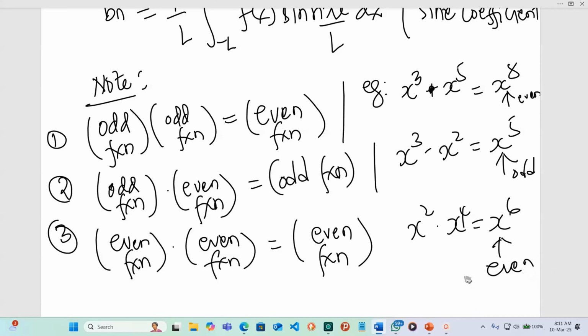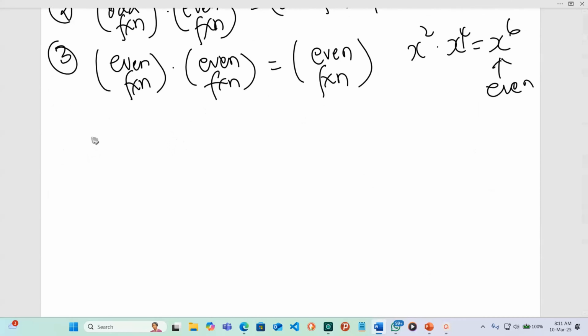How does this help us? Take an example: if we are integrating an odd function like x to power 3 times sine n pi x out of r with respect to x from negative r to r. The x cubed is an odd function, and the sine function is also an odd function, so the product is an even function.